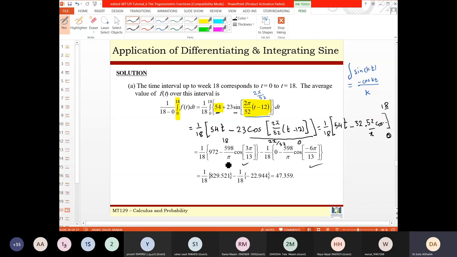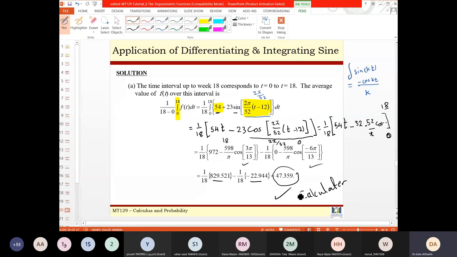This is the substitution of 18. This is the substitution with the 0. We find the answer. We subtract, and we will get the final answer. I want you to practice. Use your calculator to find such an answer. Each calculator is different. You have to practice on how to use your own calculator to find those results.